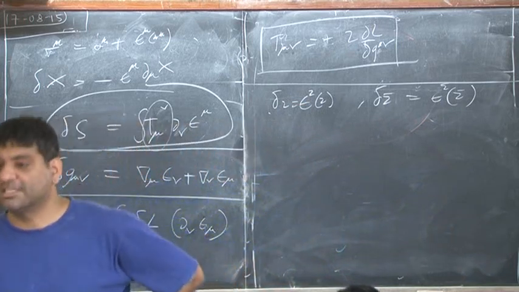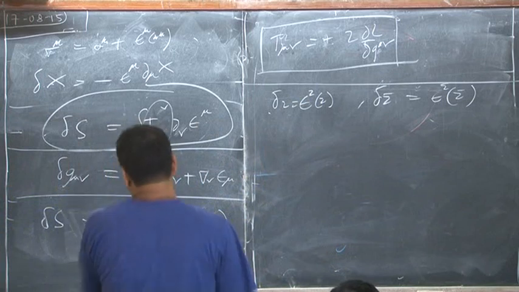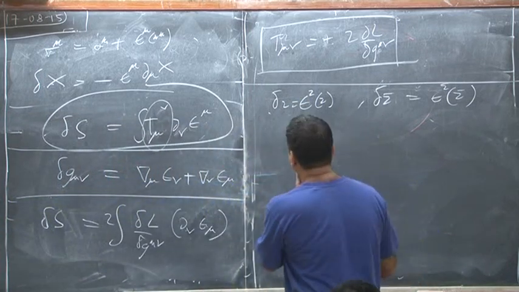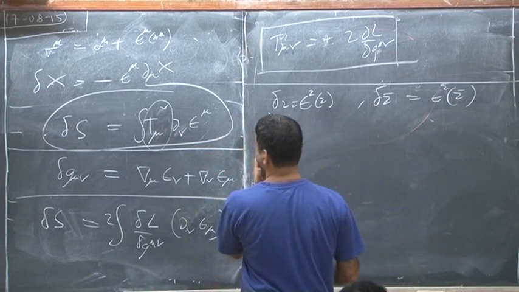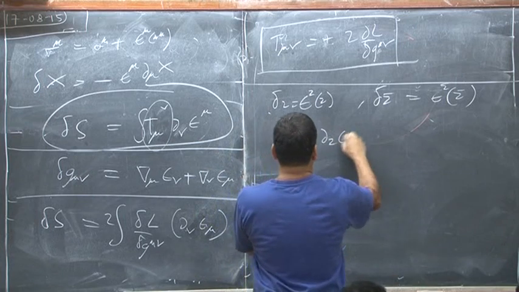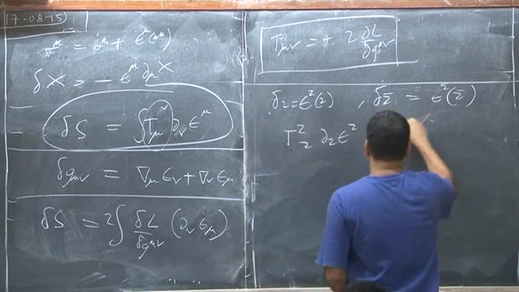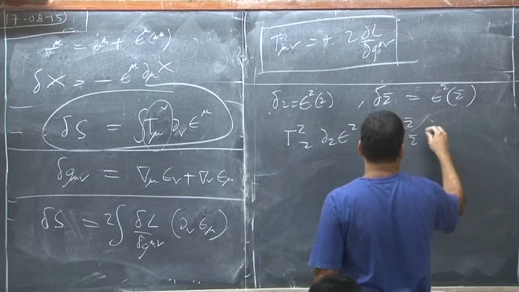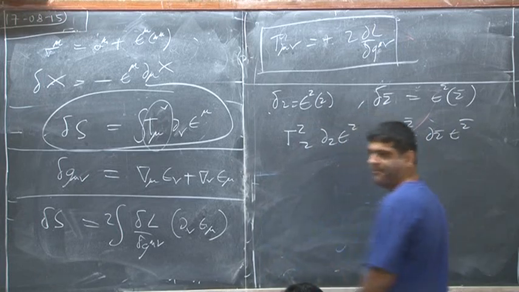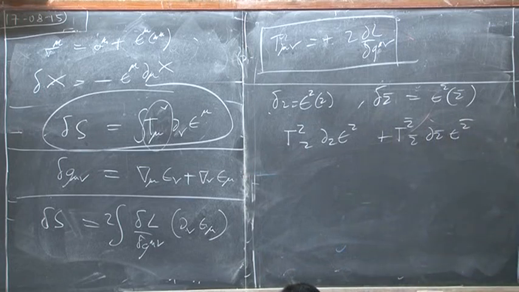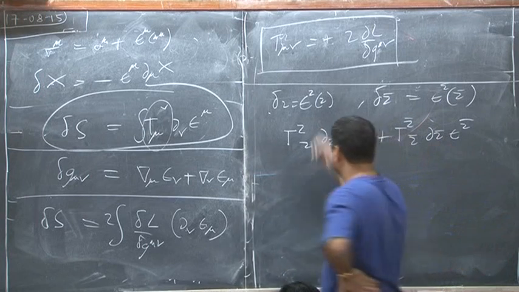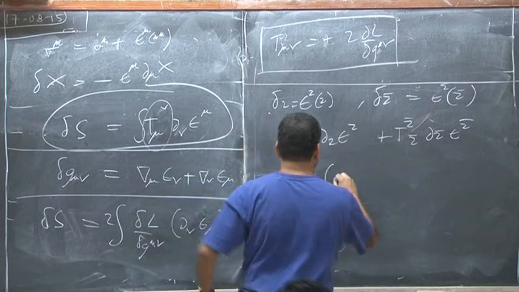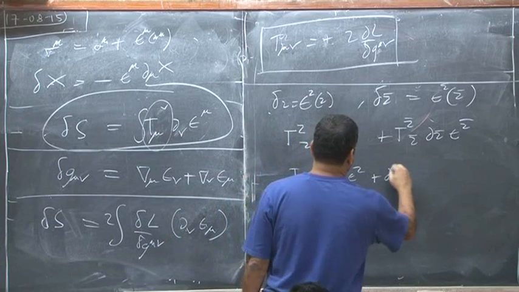Now, how does the action change under such a coordinate transformation? According to this definition, the change of the action is T z z del z epsilon z plus T z bar z bar del z bar epsilon z bar. If this has to be symmetric, this has to vanish. So lowering this, it is T z z bar into del z epsilon z plus del z bar epsilon z bar.